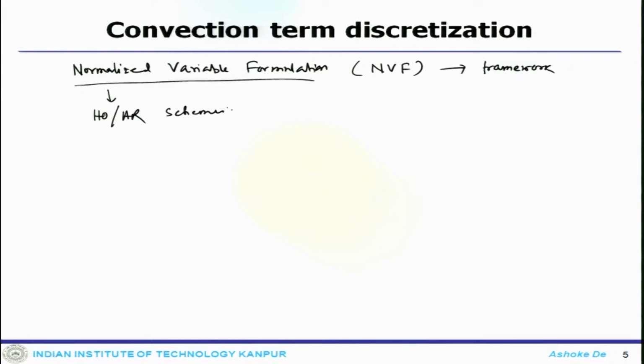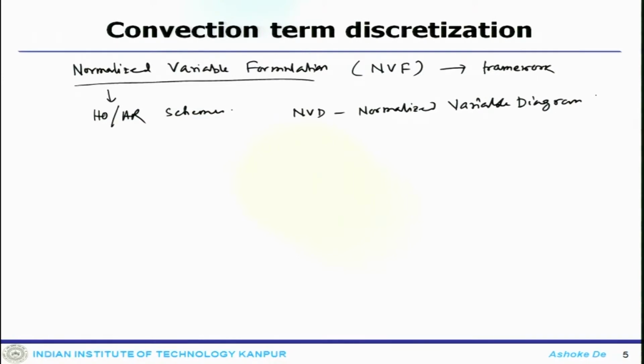Now, it was introduced a long time back. The normalized variable diagram is a useful tool. So, there will be NVD, which is the normalized variable diagram. This is a useful tool for the development and analysis of these higher order high resolution schemes.